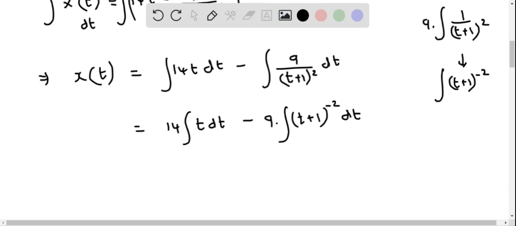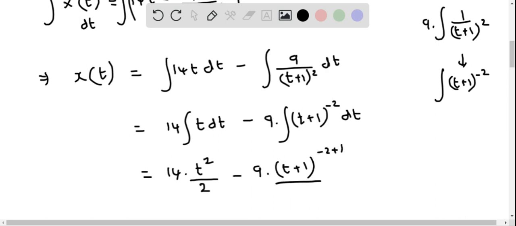Now this gives 14 times the integral of t, which using the power rule is t raised to the power of 1 plus 1, which is 2, divided by the same number, 2, minus 9 times, here also you can use the power rule, t plus 1 raised to the power of negative 2 plus 1, divided by negative 2 plus 1. Negative 2 plus 1 equals negative 1, so I put negative 1 in the exponent and also in the denominator. And then we put the integration constant c.